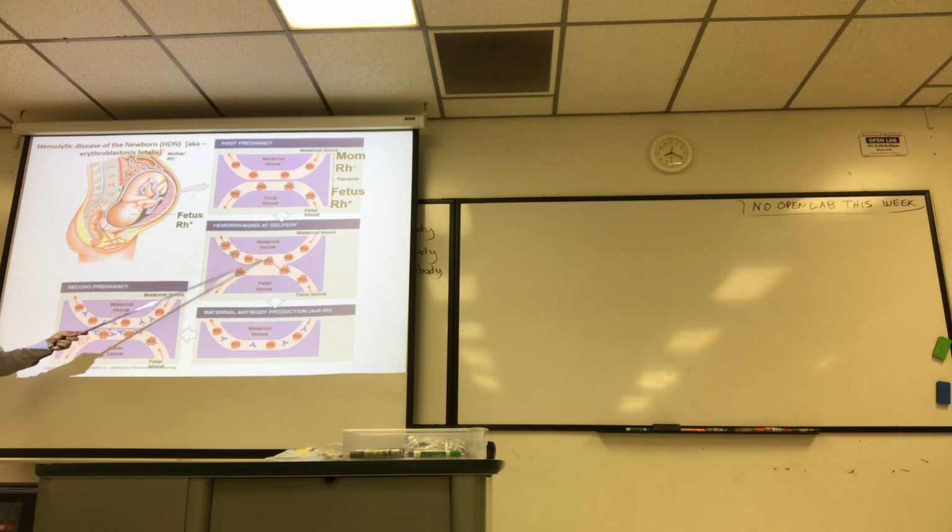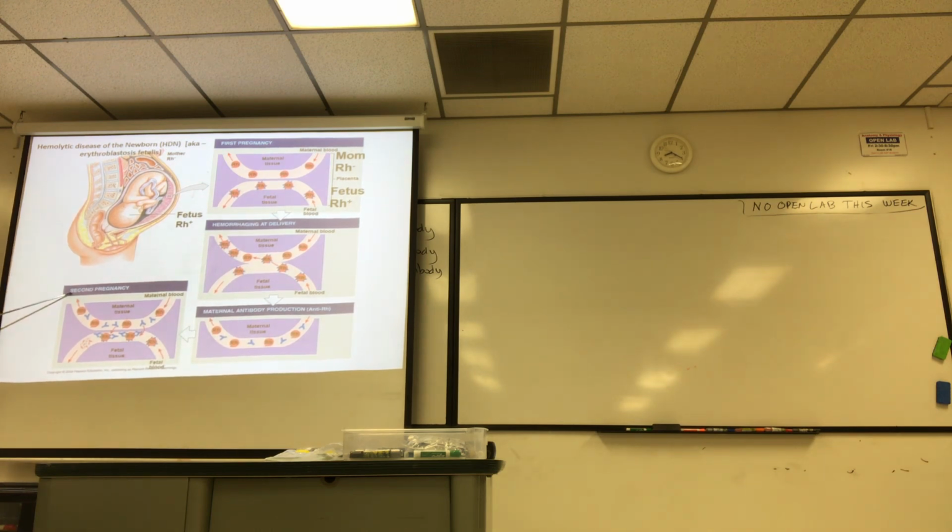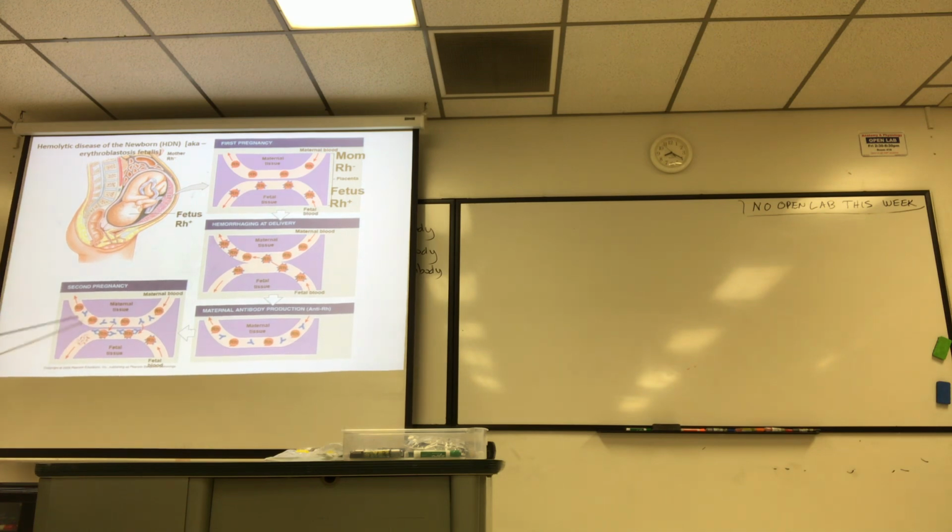That baby's going to be okay because it's during delivery. But over time, mom is exposed to the Rh antigen and will produce antibodies against Rh. You worry about that with a second pregnancy, with a baby who is also Rh positive. Those antibodies can cross the placenta and cause erythroblastosis.